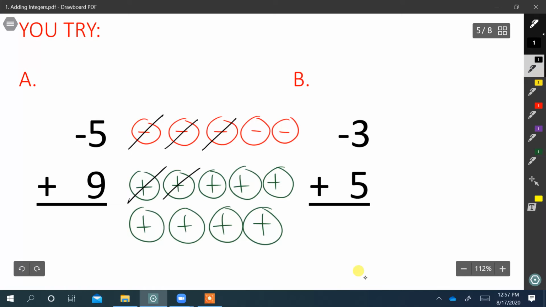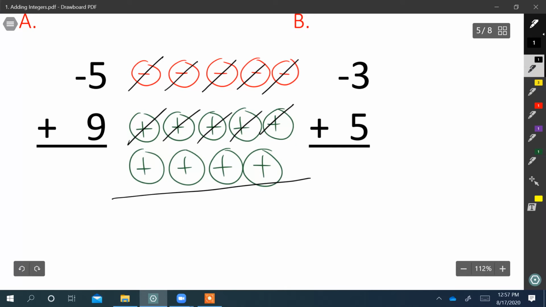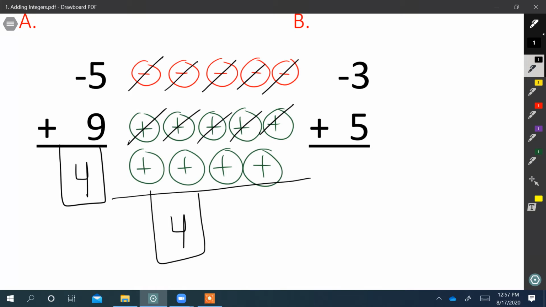So will this and this and this and this. So when I add all those together, what I'm left with is 4 positives. If you're kind of getting the idea of this, then the next problem will be a lot easier. What is the answer to problem B? If you answer 2, that's correct.